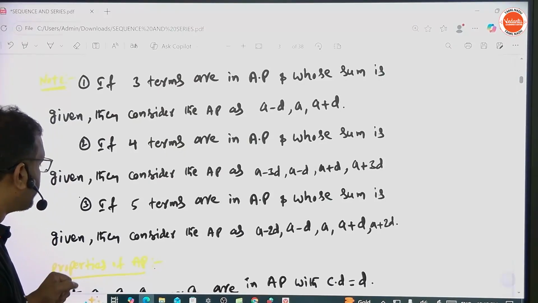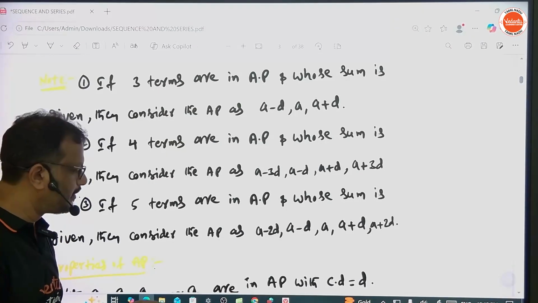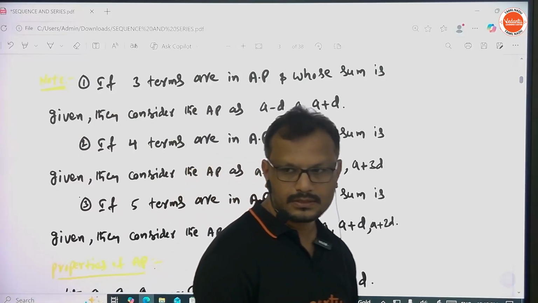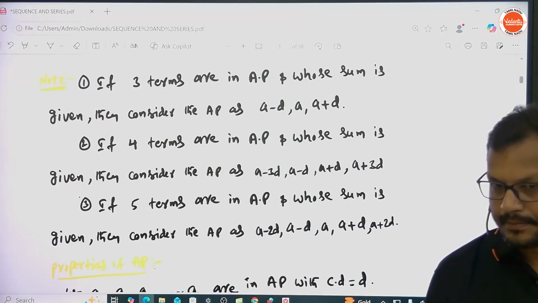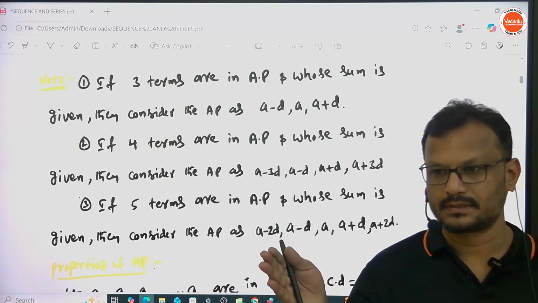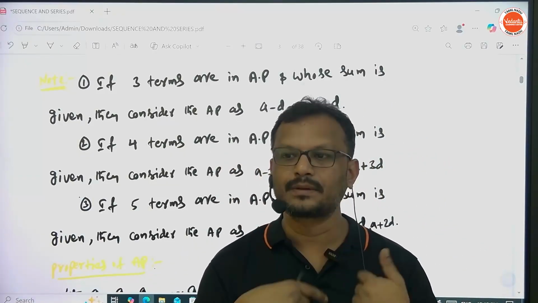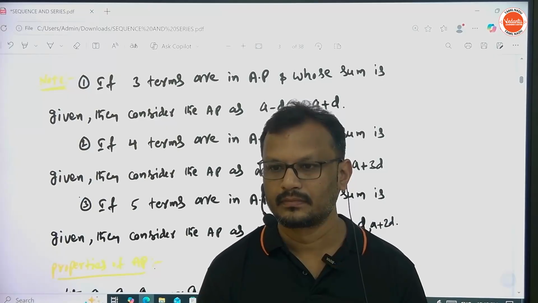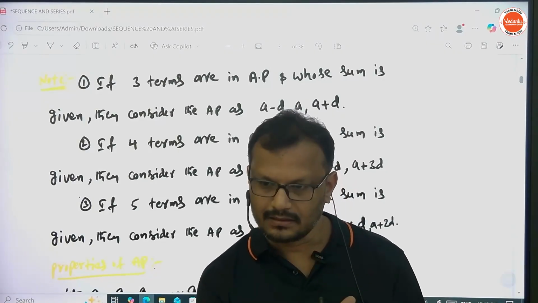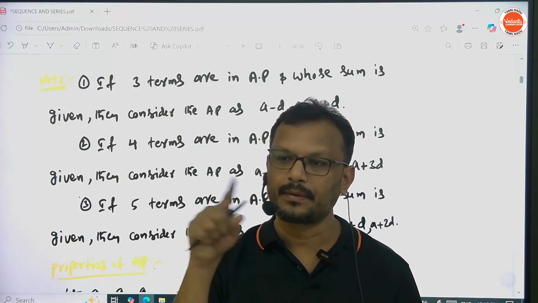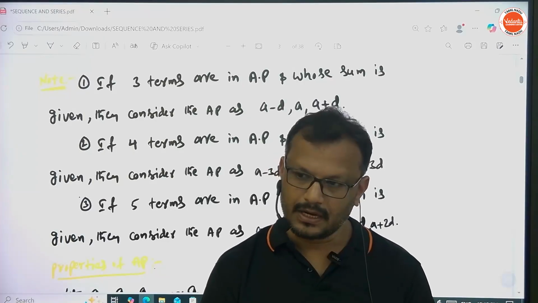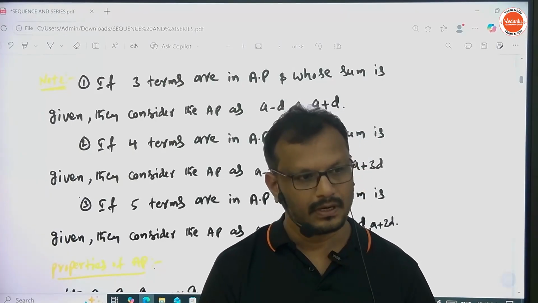Right? Okay. So now, some properties will be helpful in some problems. Suppose there are some numbers in AP. If you add some constant value to them, whatever sequence comes will also be in AP only. Even if you multiply by some constant, it will be in AP.